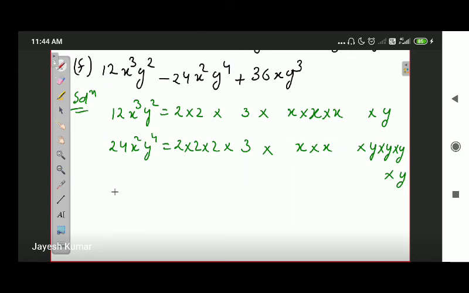And lastly, you have 36x y cube. 36 is 2 into 2 into 3 into 3, x as it is, and y cube is y into y into y.